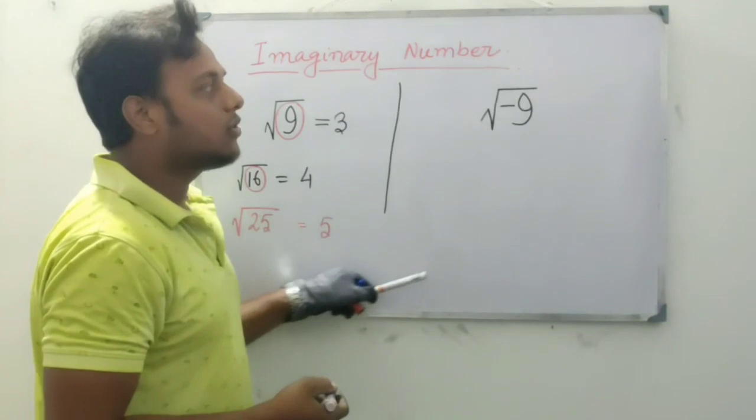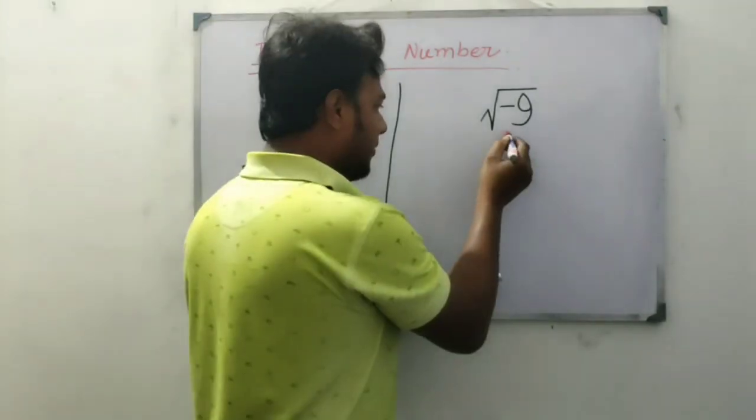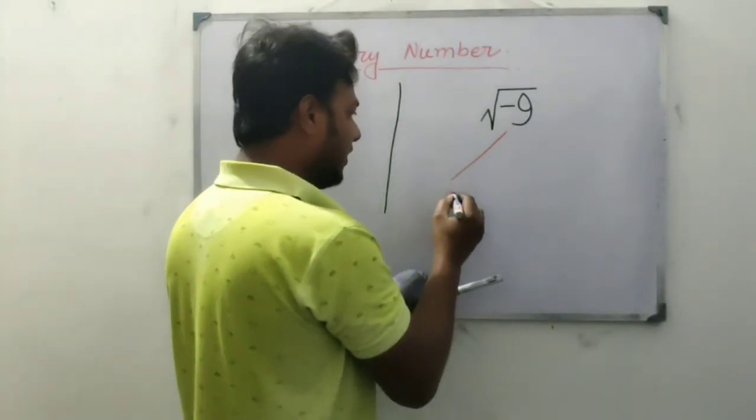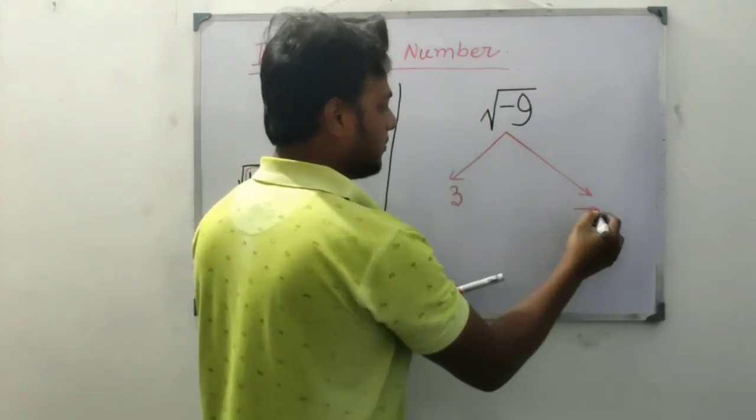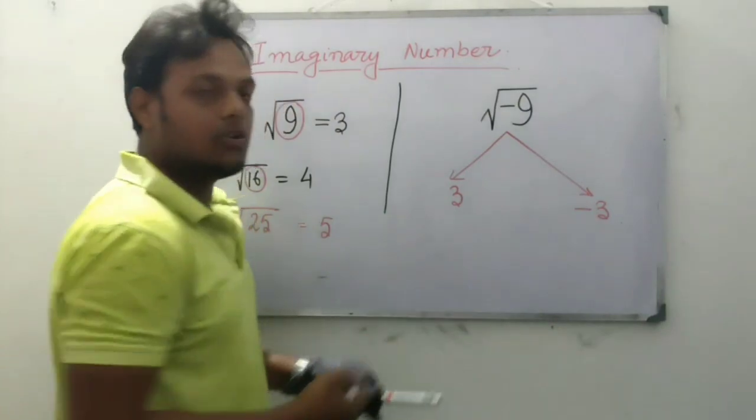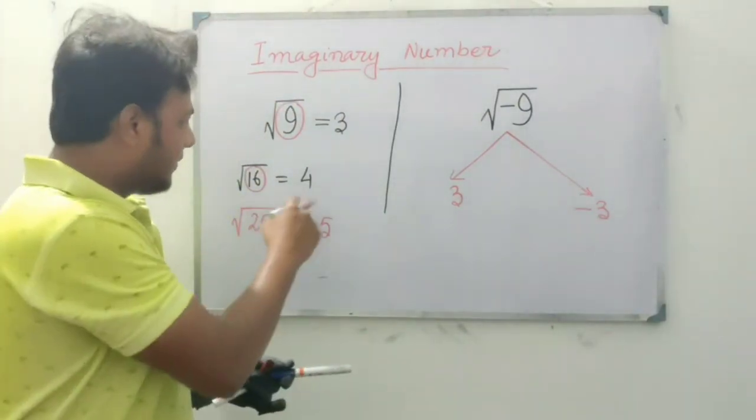Then what about root over minus 9? Will it be 3 or minus 3? Which one is true? Check by this previous concept.